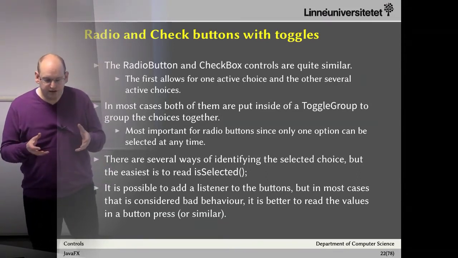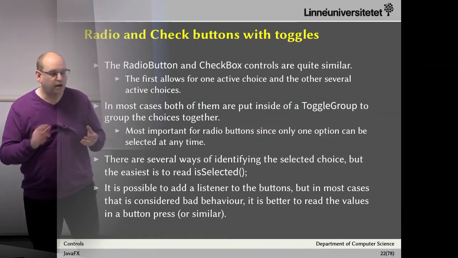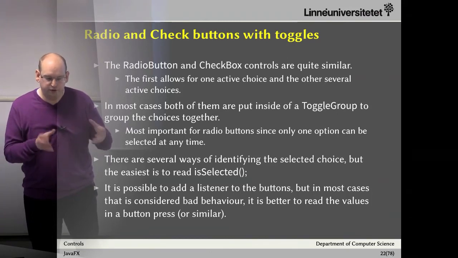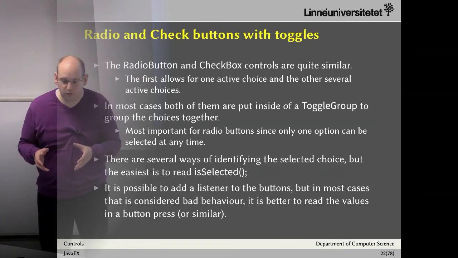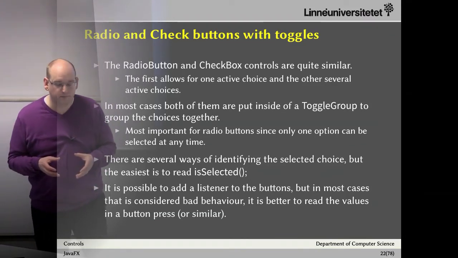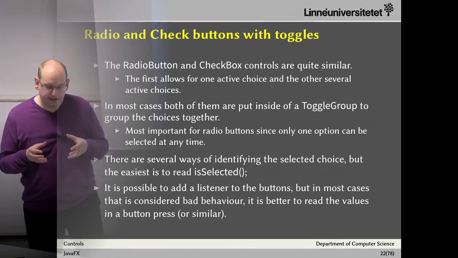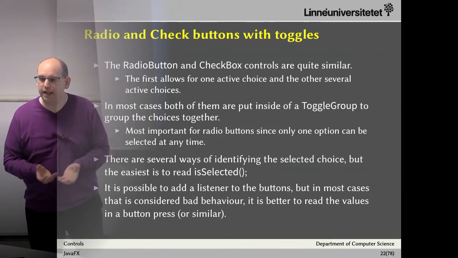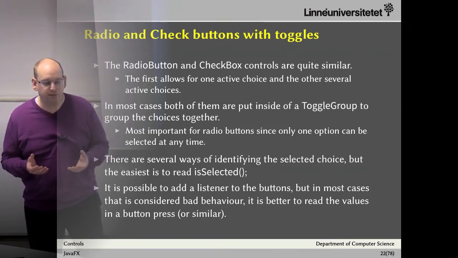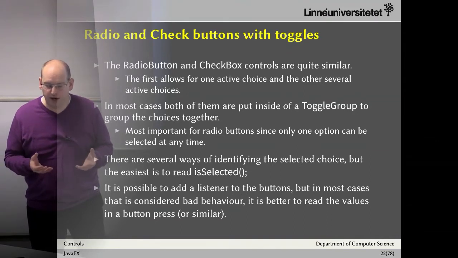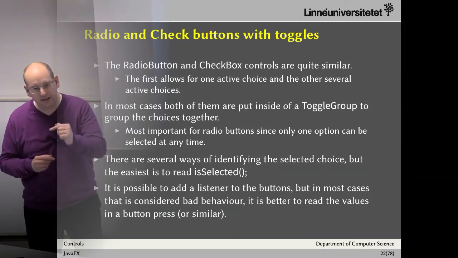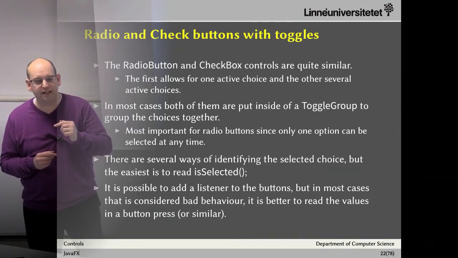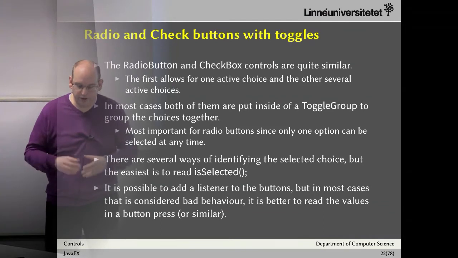So radio buttons and checkboxes, they are these little markers that you can have, where for the radio button you can have one active choice, or you can have several ones with the checkbox. And in order for these to be in a group, if for example we have the radio buttons there where only one of the buttons can actually be active at once, we put these into a toggle group.